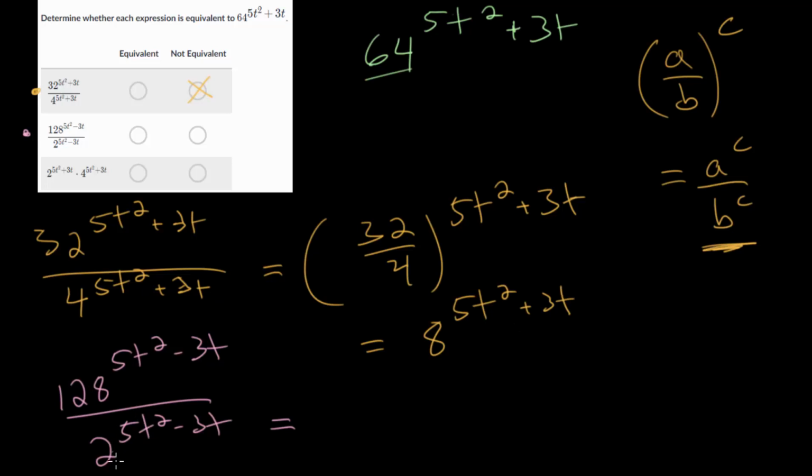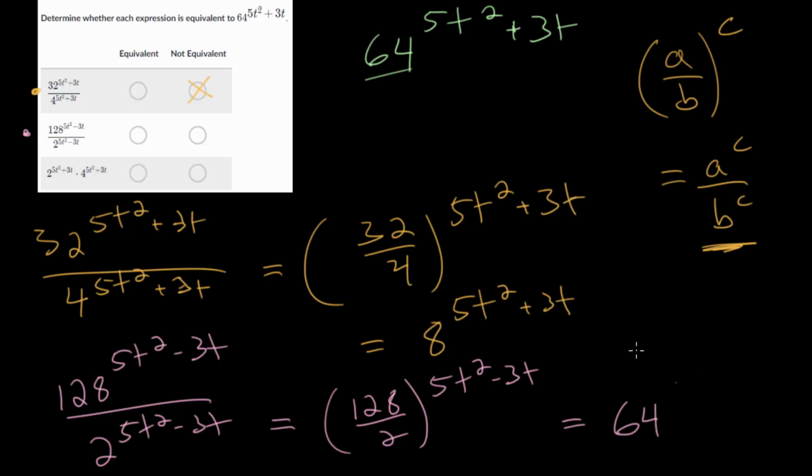Both expressions are raised to the same exponent but have different bases. So we can rewrite it as a quotient of the two bases, 128 over 2, and they're going to be raised to that same exponent, 5t squared minus 3t. And we can simplify this since 128 over 2 is just 64. So we have 64 to the 5t squared minus 3t.